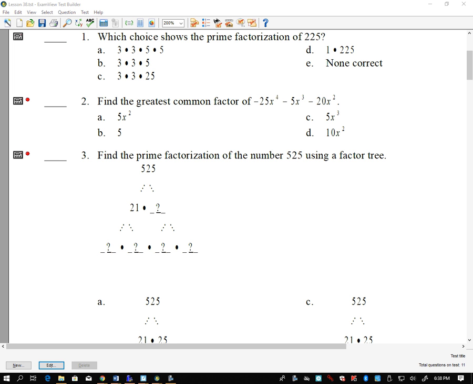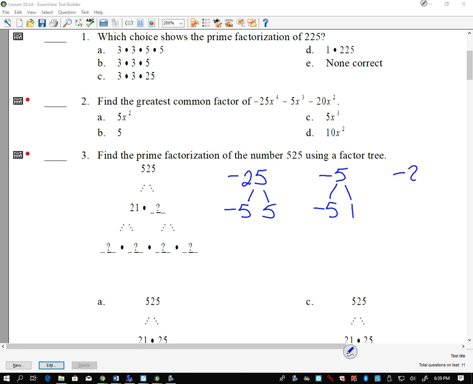All right, find the greatest common factor here of negative 25x to the 4th minus 5x to the 3rd minus 20x squared. So we're looking for something that will go into every single term. Let's look at 25. I know it says negative 25, but that would break down into, let's say, negative 5 and 5. We have negative 5, that'll break down into negative 5 and 1.